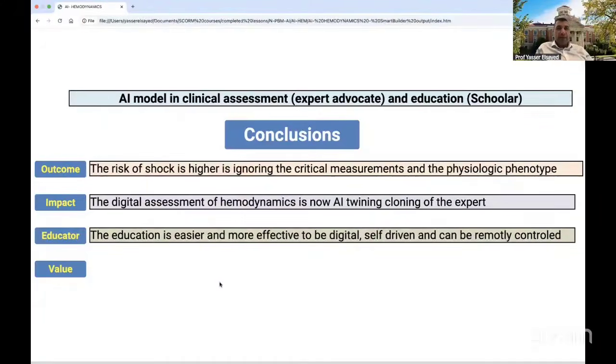For education, I don't have to travel, and the same for Dr. Khorshid, for everyone, because education can be smart and digitally enabled, with very simple participation from us, but the educator will help you to do that from A to Z. At the end, we developed the calculator. It is our product, it is our experience, but it is available for you, and you can use it at your own pace, self-driven by you.